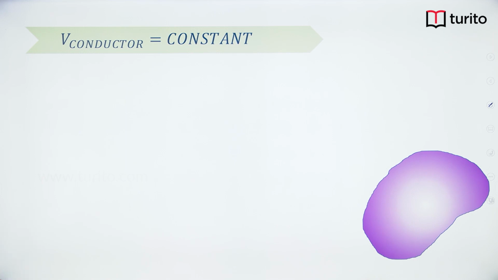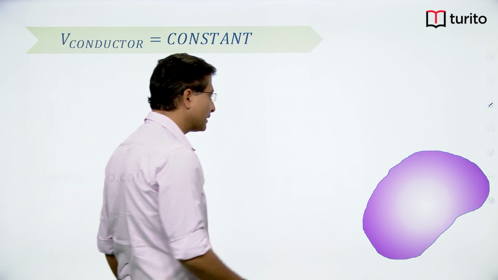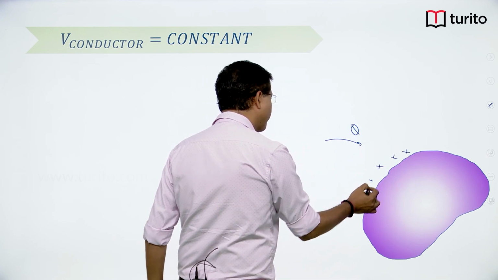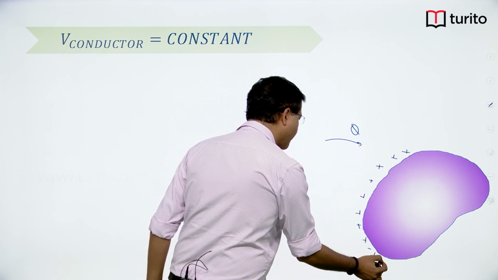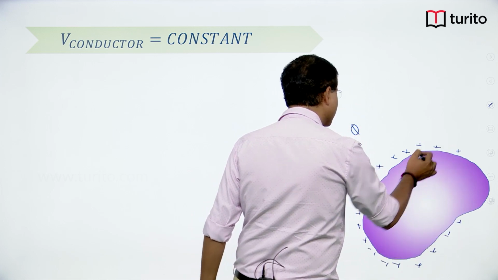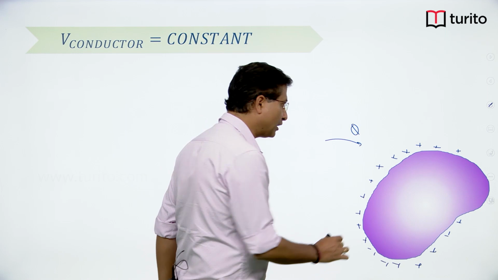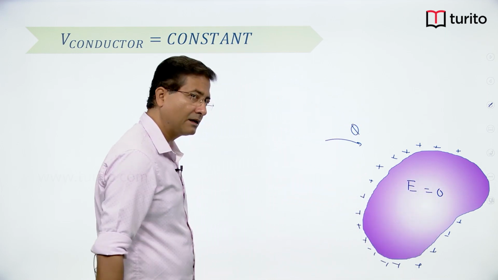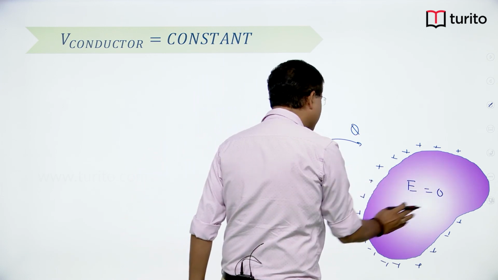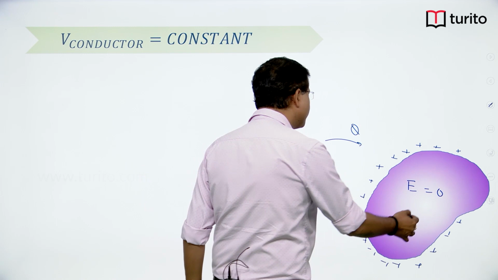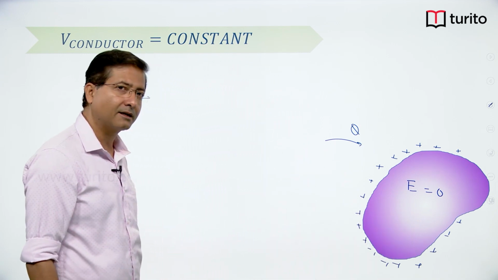As the field everywhere is 0 inside the conductor, that means there should not be any potential difference between any 2 points on the conductor.